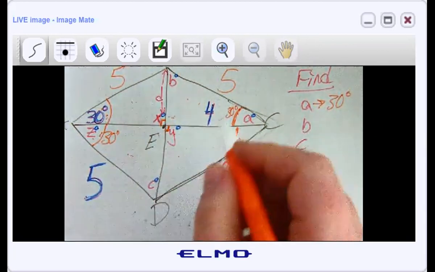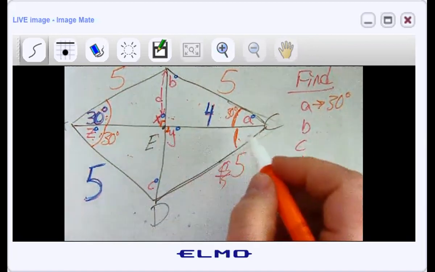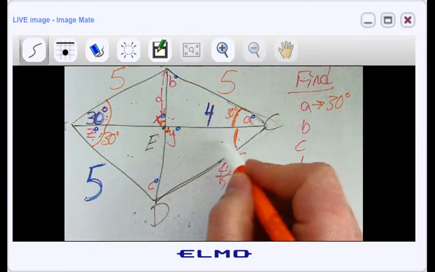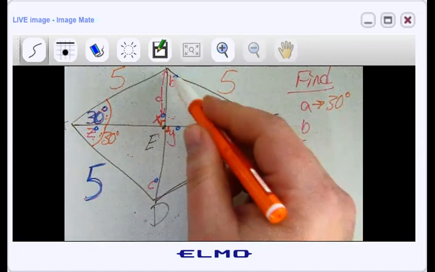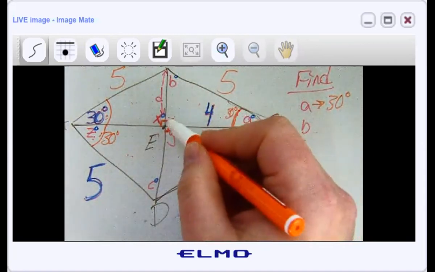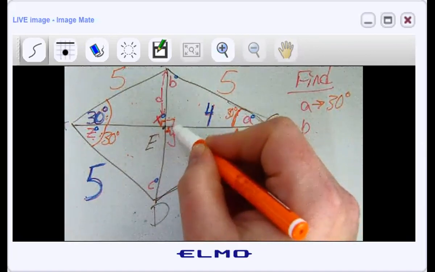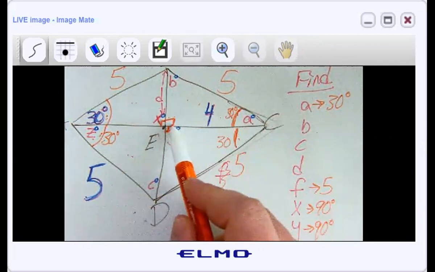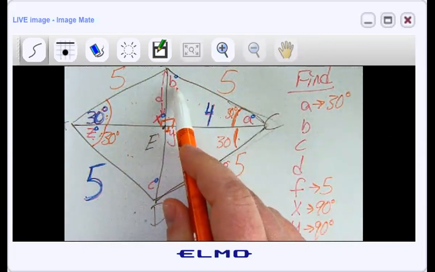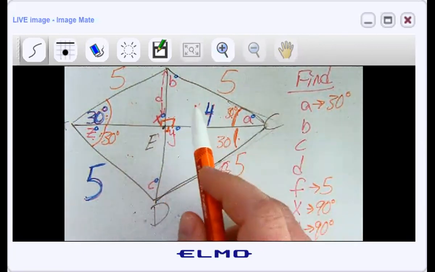Okay, let's take a look at what we have now. Let's look back up at this one. You have a right angle here, don't you? Look at this triangle. If this is 30 and that's 90, can't I find angle B? You bet I can.